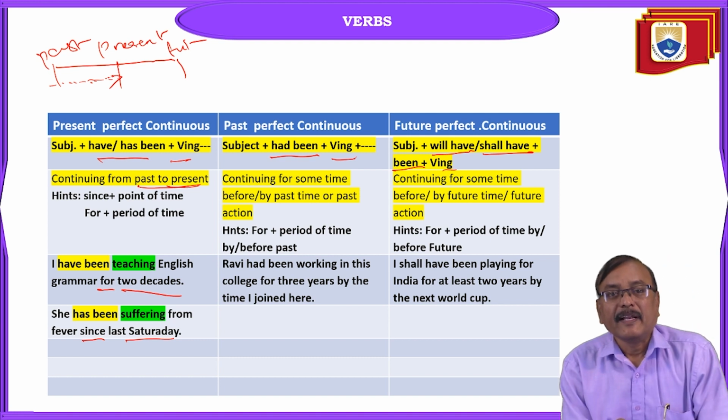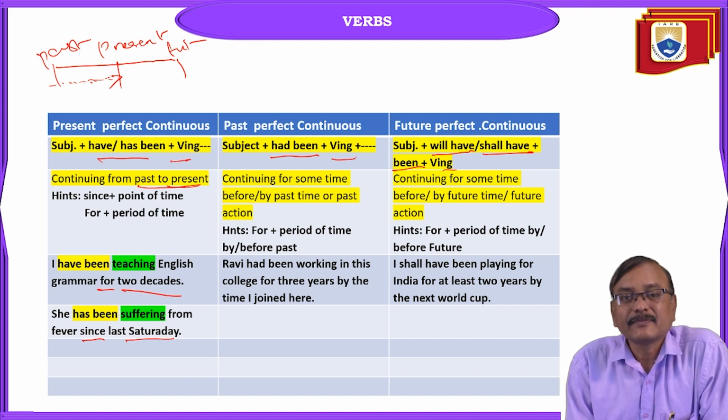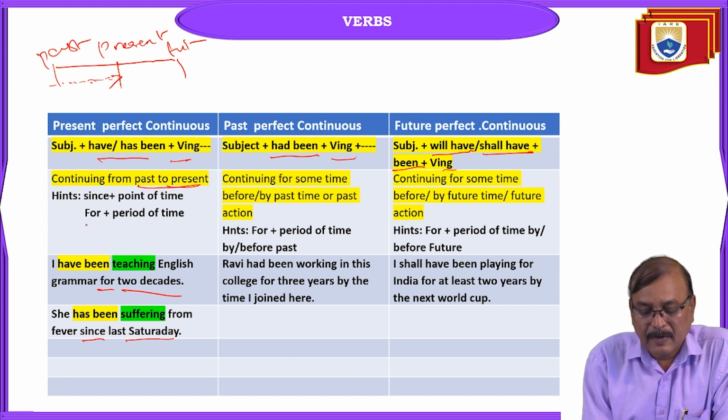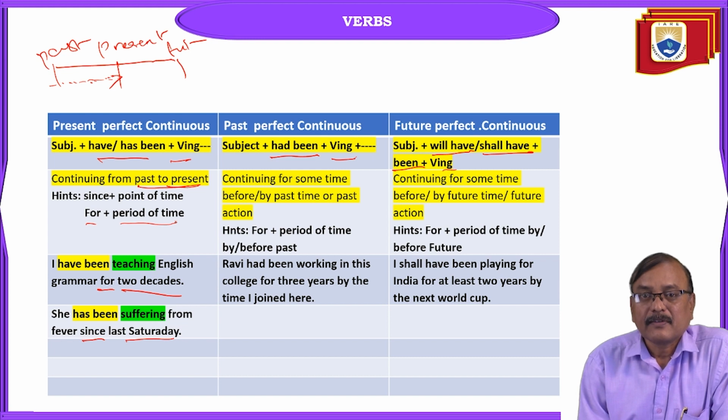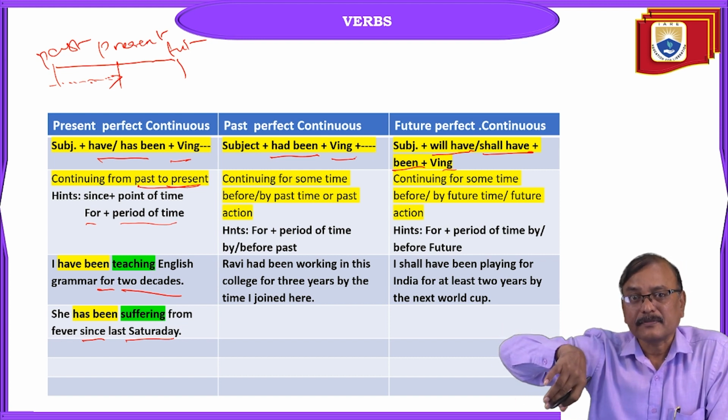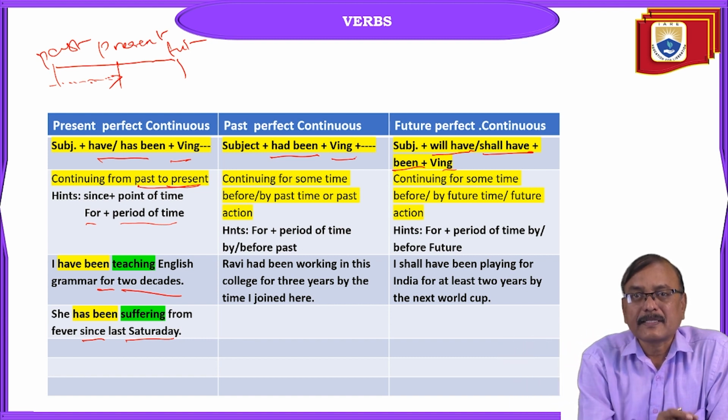For example, it has been raining for the last 3 days. Is it clear? You use for plus period of time. Means started 3 days ago and now also continuing. So then it is a present perfect continuous.